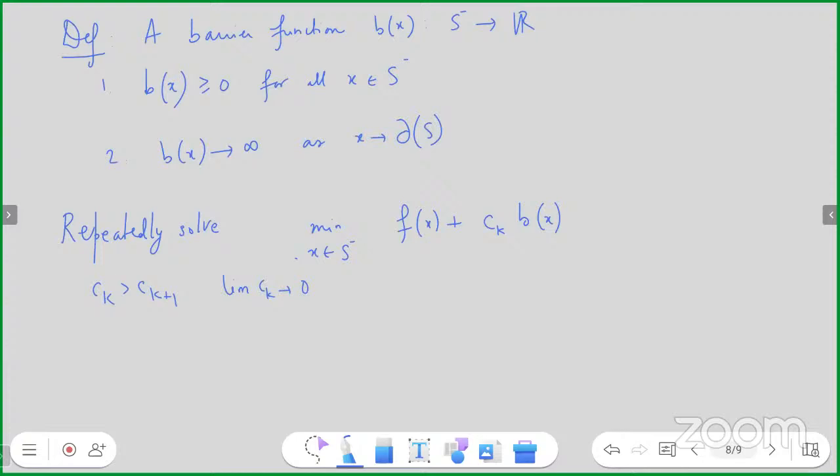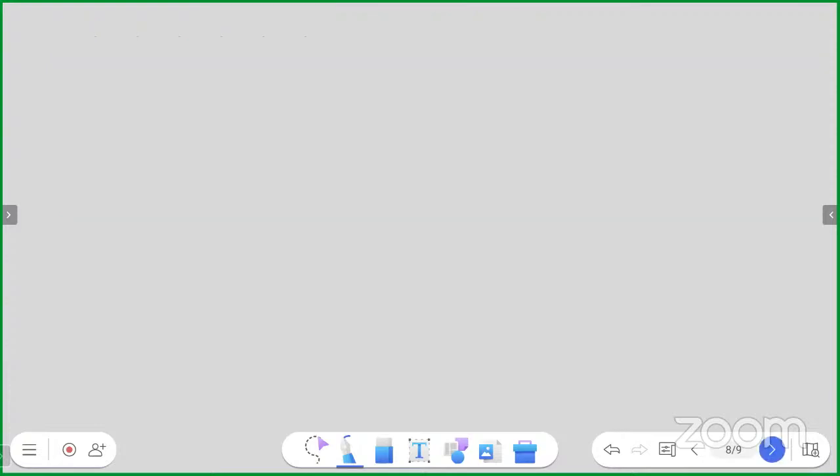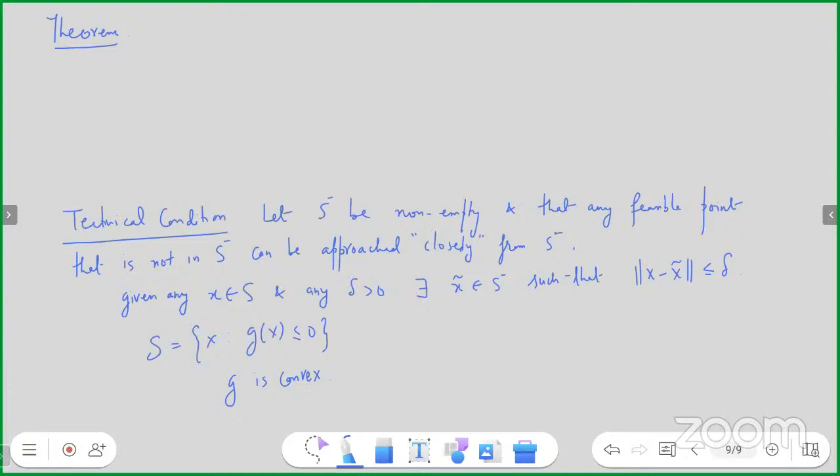You'll be automatically guaranteed that whatever you do unconstrained will remain in S minus. I just need something from here to avoid getting stuck in the proof. It's not true that if I don't have it, I don't have the result. It's just easy to prove the result when such a condition is there.